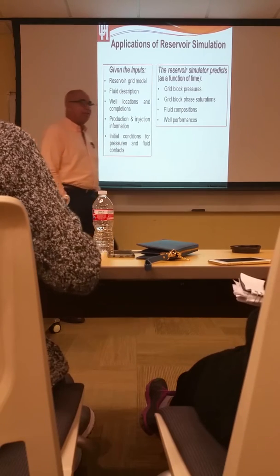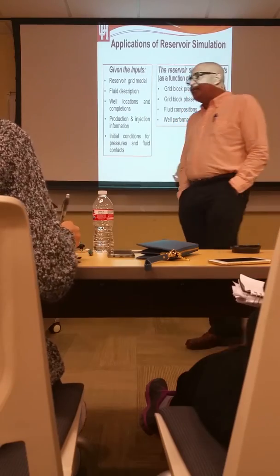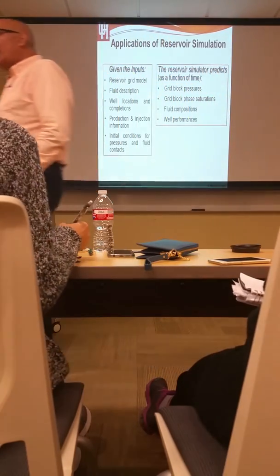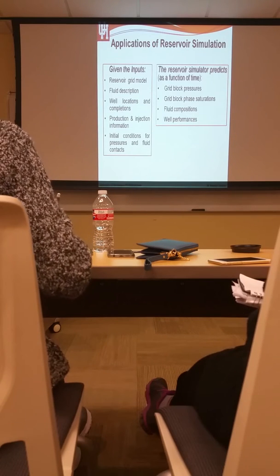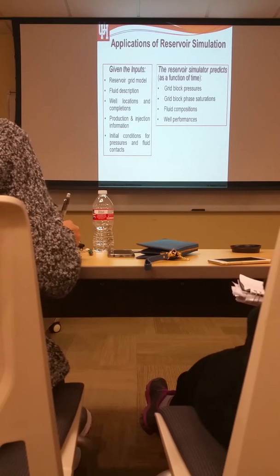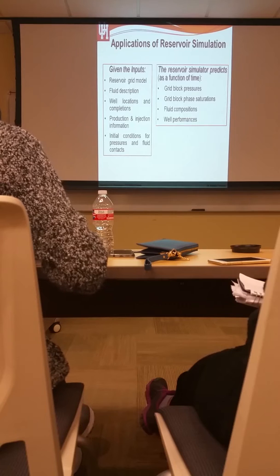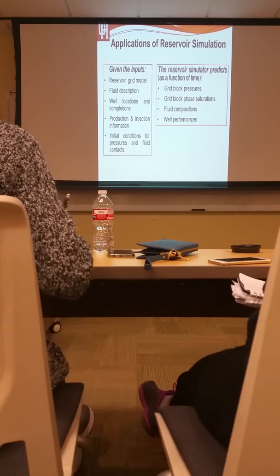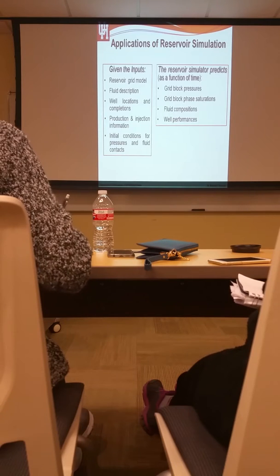In order to do that, we need to represent what is the reservoir. If we have wells, production, pressure, saturation, if we have information of the reservoir, we need to use it and provide it in order to get the reservoir simulator working as the objective that this simulator had.